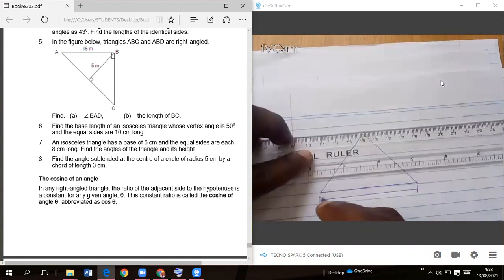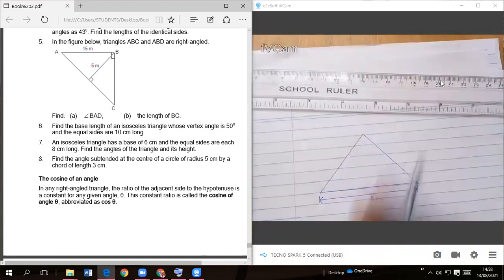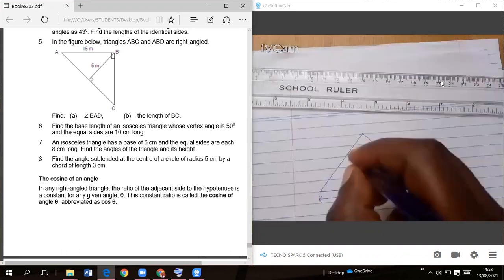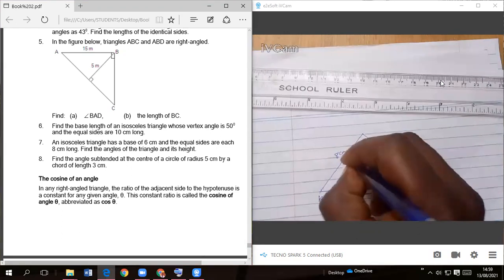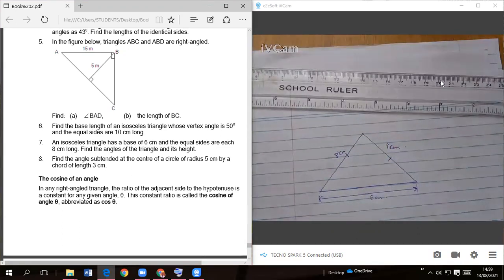That is the base, 6 centimeters. And the equal sides each 8 centimeters. So this is 8 centimeters. This side is equal to this 8 centimeters because it is isosceles.